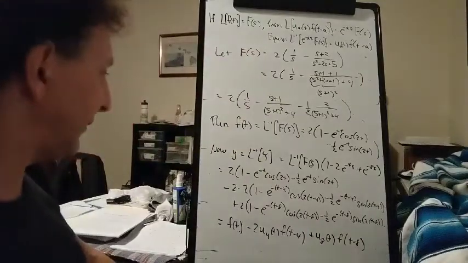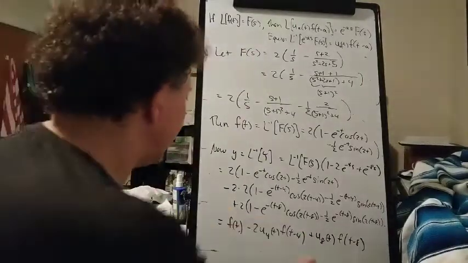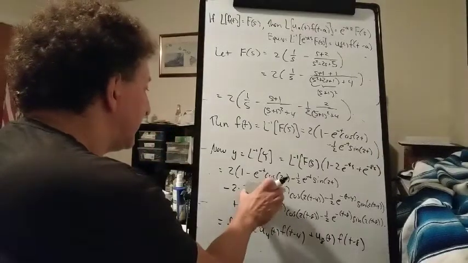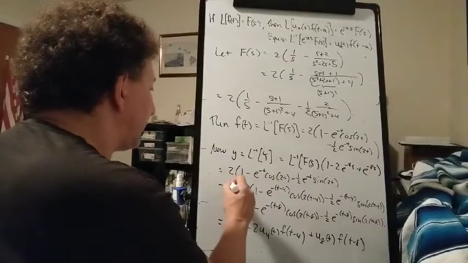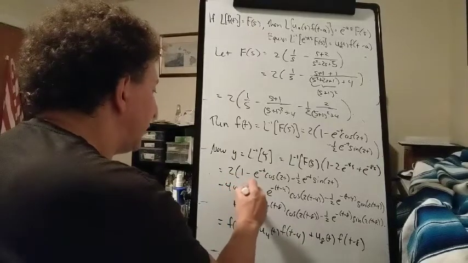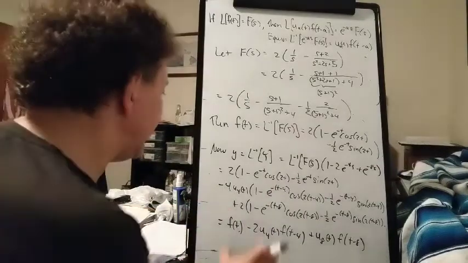And actually I forgot my u4 and my u8 here, so this is really minus 4 u4 of t times this, and this is plus u8 of t.